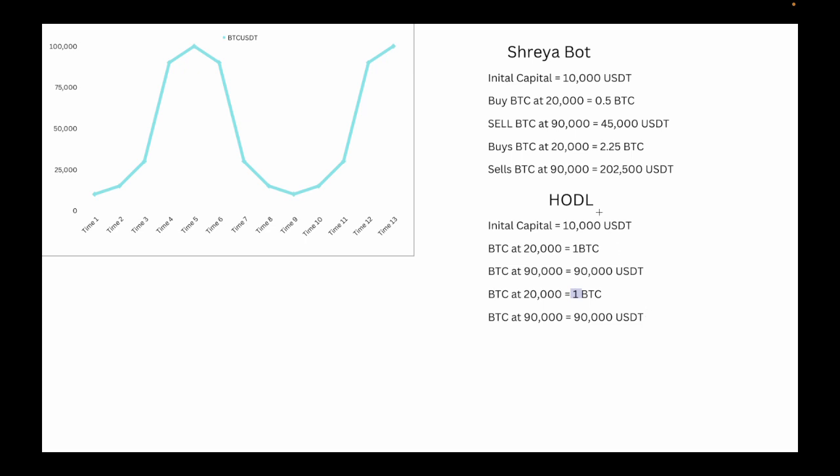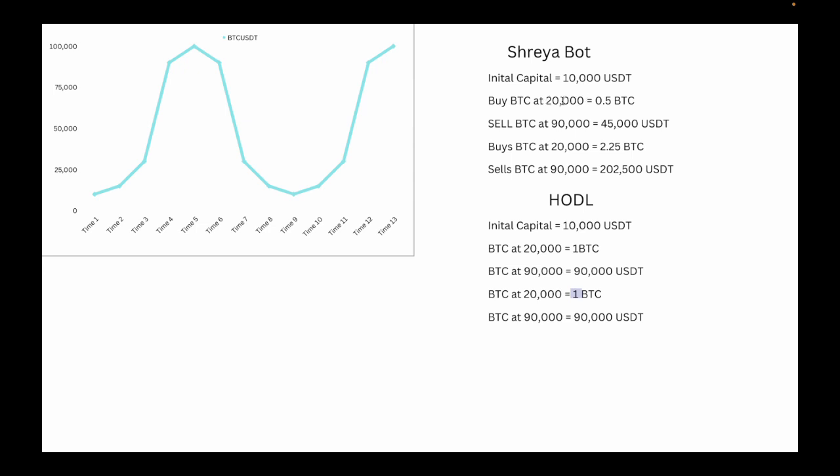So let's look at the Shreya bot strategy. Our initial capital was $10,000, and we put 10,000 USDT into our Binance account and allow the Shreya bot to buy BTC when it anticipates that the price of BTC is going to go up. This was around $20,000.